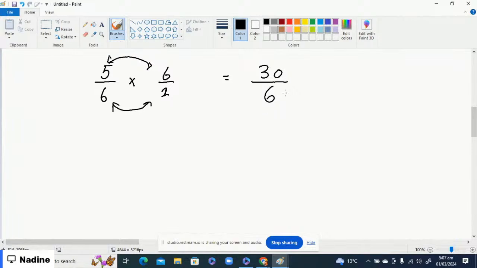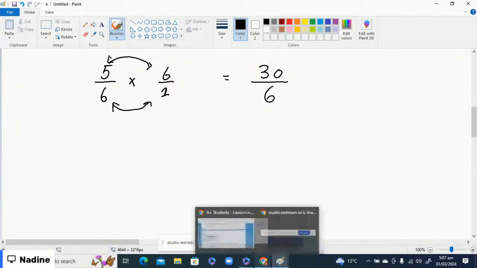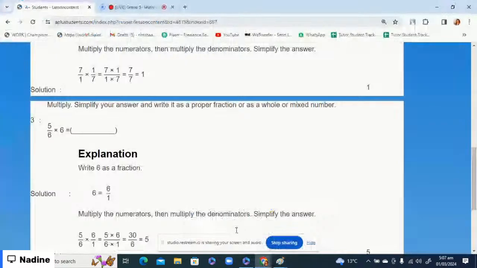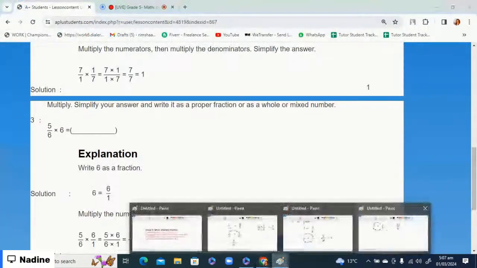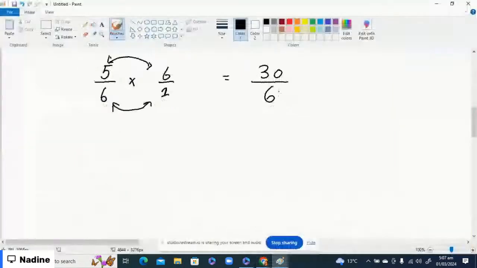Because they are saying that you write your answer in the form of a proper fraction or whole or mixed number. But here is an improper fraction. And we just want to convert. If the answer is 30 over 6 and it were a proper fraction, then we would say yes, this is right, because we are not able to divide further.